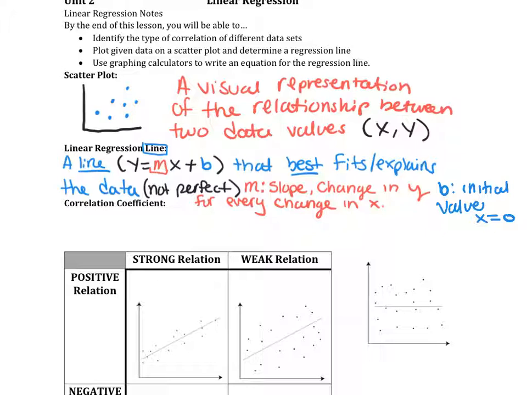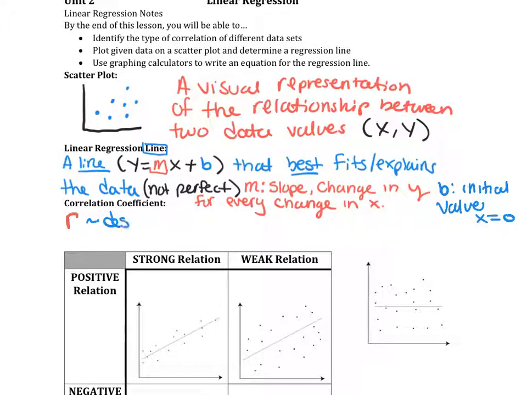So something else that also goes along with the linear regression line is called the correlation coefficient. This is represented by the lowercase letter r. And the correlation coefficient basically tells you how strong the relationship is, or how good of a job the line is doing of describing the data.